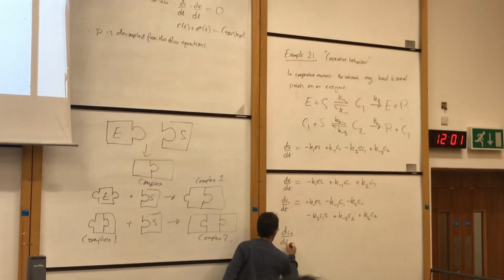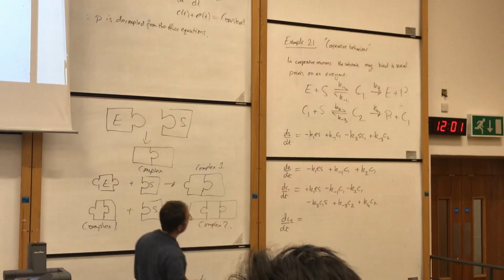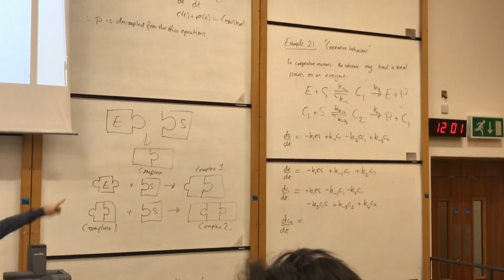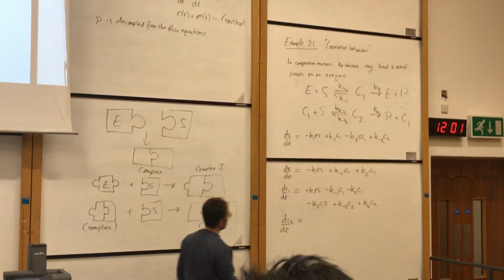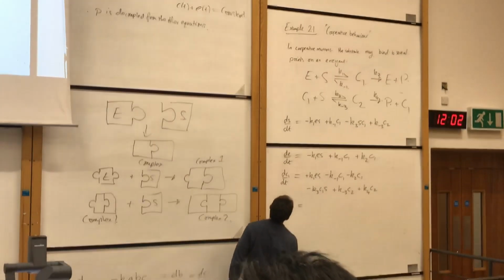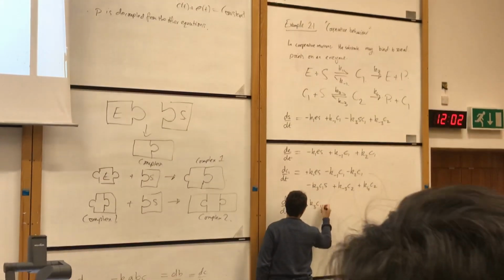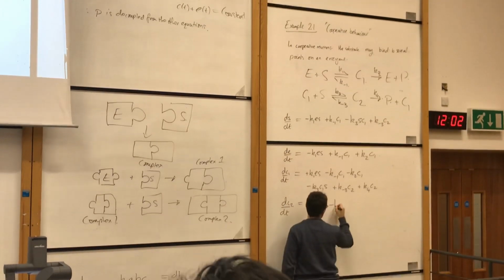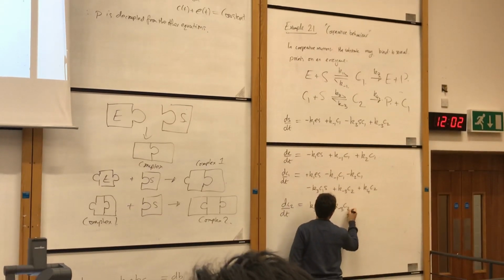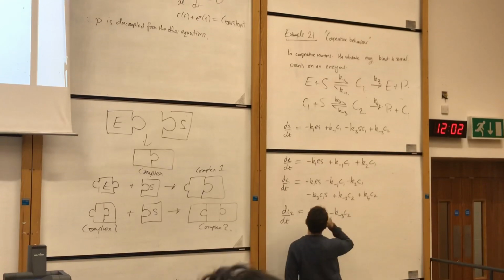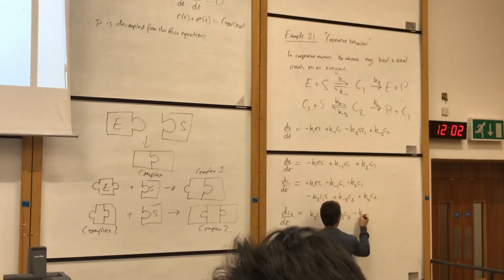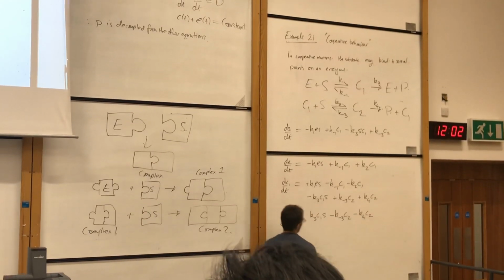dC2 by dt. C2 only appears in the second sequence of reactions. So for that one, we're going to have a K3 C1 S minus K minus 3 C2 and minus K4 C2.